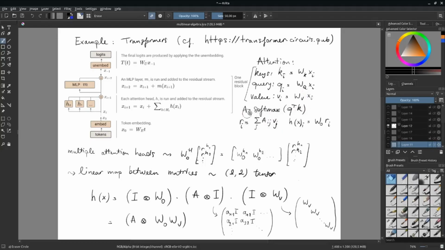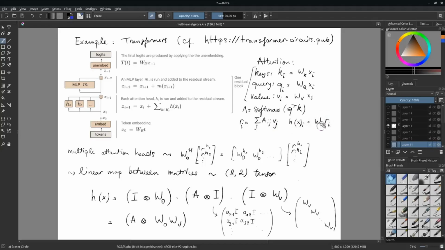Then I can form my attention matrix A by taking the softmax of Q^T K. Note that Q and K are matrices because I'm taking all of these vectors, so this really is a square matrix over all the different tokens in my context. The result is simply the linear combination of my attention matrix times the value vectors.